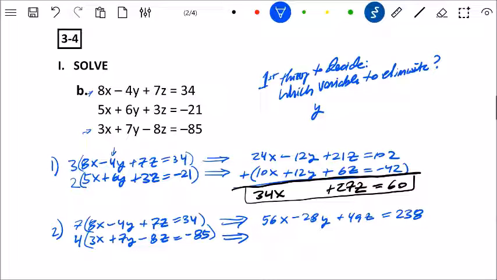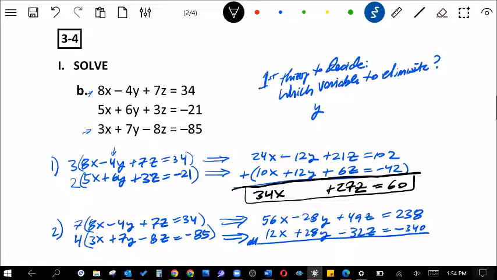Underneath it, 12x plus 28y minus 32z equals -340. And now we'll add them.